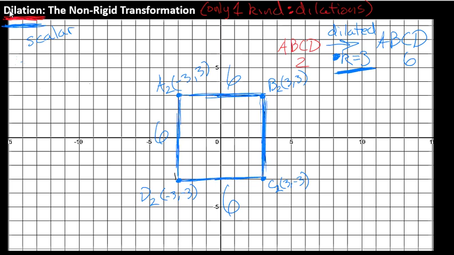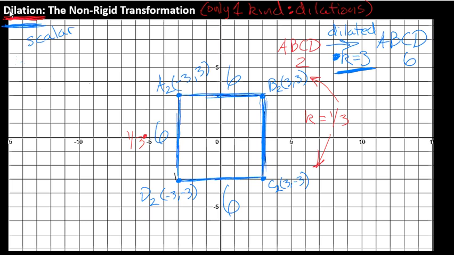Let's dilate by 1/3. Okay, so what if K was 1/3 now? Meaning I would multiply all my coordinates and side lengths by 1/3. What's going to happen? Well, I would just divide all my coordinate pairs by 3, right?